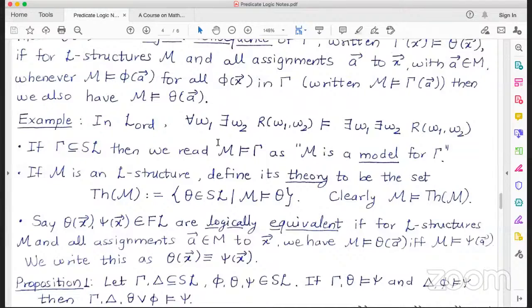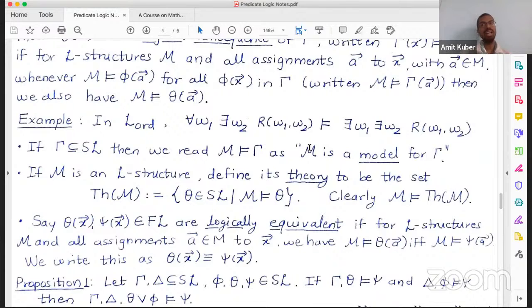Any other questions about the notions of a model and the notion of a theory? Yesterday we were talking about universe. Can you correlate universe and model? So universe is just associated with a structure or a model. It is the underlying set of that.